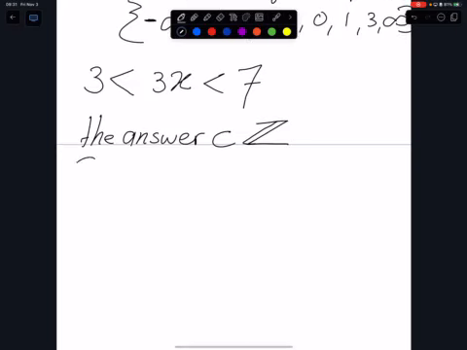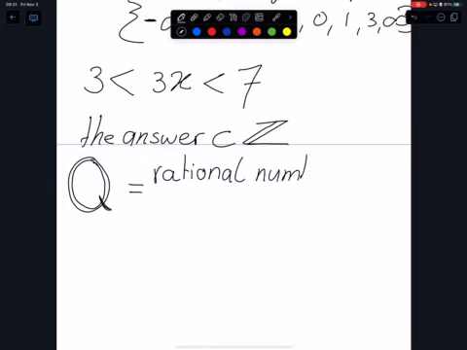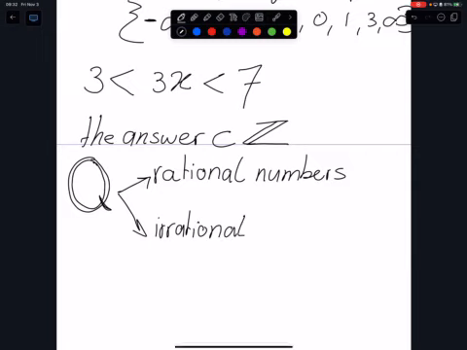As time progressed, there is something called Q, and this particular set is split into rational numbers and irrational numbers.